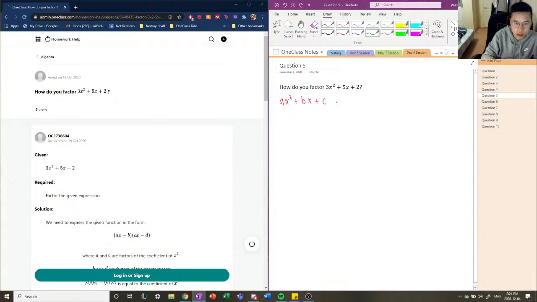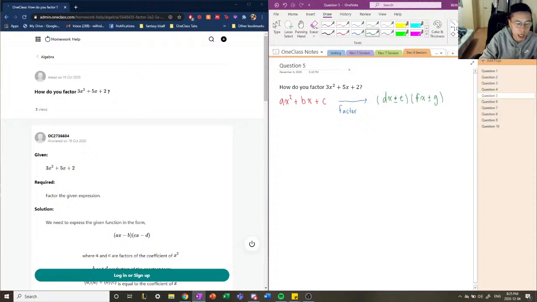If they want us to factor, let me use a different color line here. Factor means that we want to reduce it to this form: coefficient dx plus or minus e, times fx plus or minus g, where d, e, f, g are all coefficients.